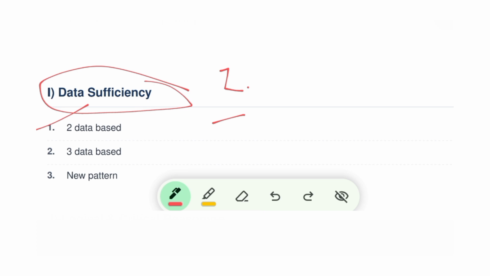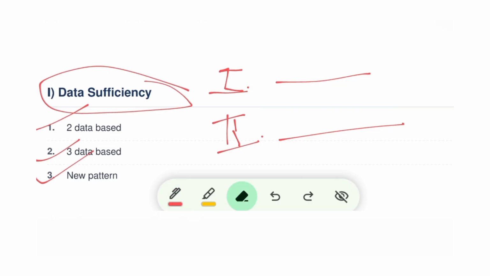First is two data: one and two data are given, some statements are there, and you have to decide whether both statements are required to answer the question, or one is enough, two is enough, or either one is enough. Then three data, or that can be a new pattern.